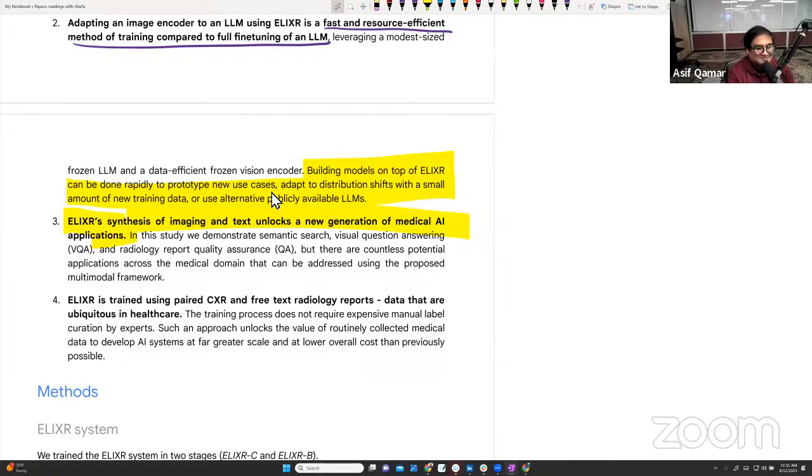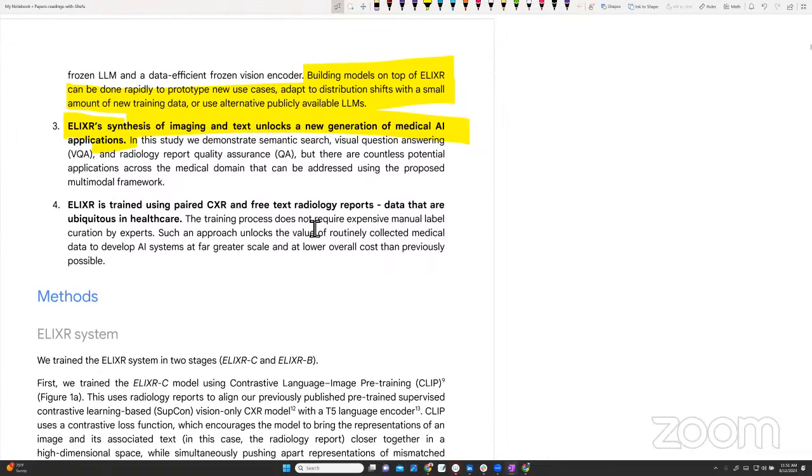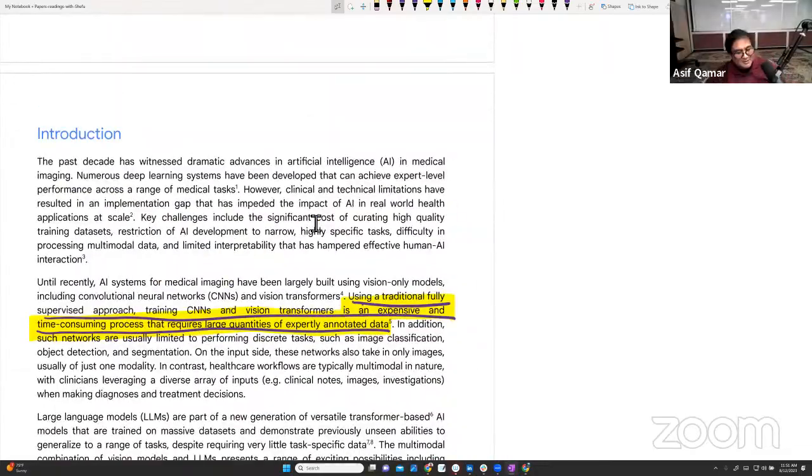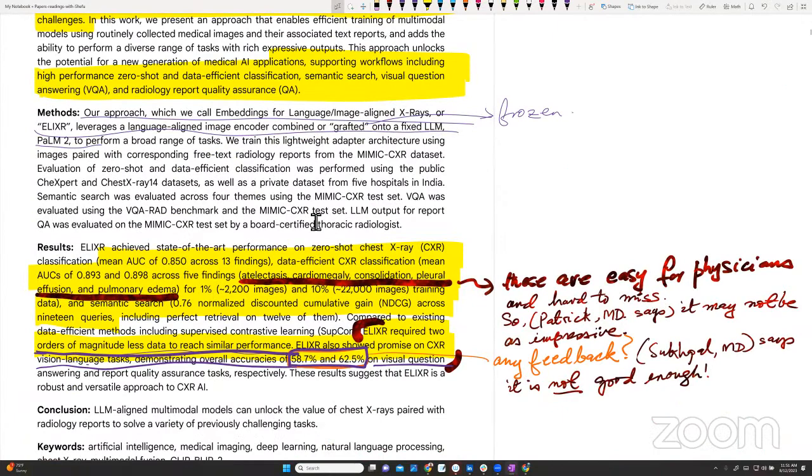Hey Asif, one question for the medical experts here. Patrick was talking about 5 different classifications in the introduction. Now, when we have to do correlation with the text, is there a one-to-one correspondence? If you have this cardiomegaly classification, is there only one output, or could there be 5 different possible outputs?